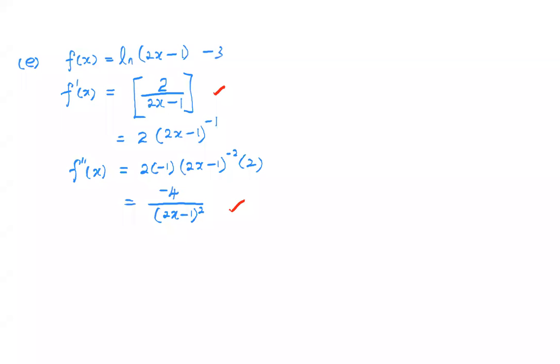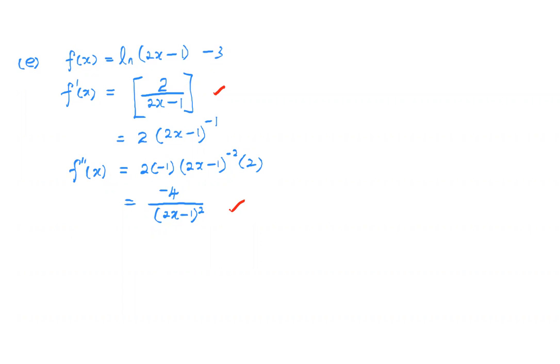Are you clear? So when we come to working, it depends on your ability. If I'm not able to do it so fast, it's better to be slow than to get it wrong. Am I right? So it depends on the individual. Okay, so I got f double prime x.